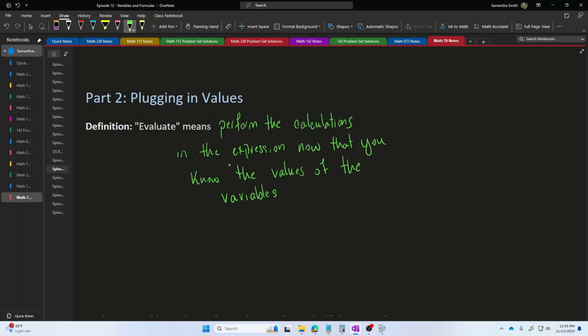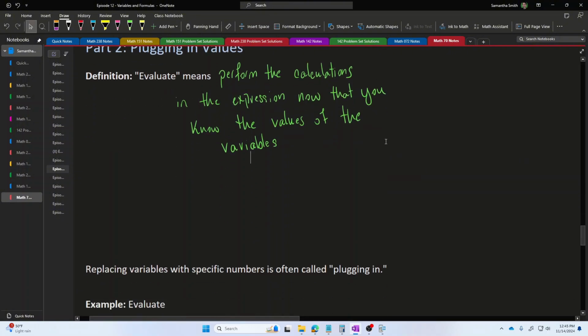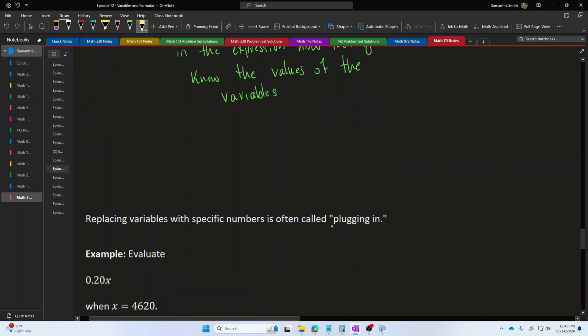This process of evaluating, this process of performing the calculations now that you know the values of the unknowns, is often referred to as plugging in values in the position for your unknowns.